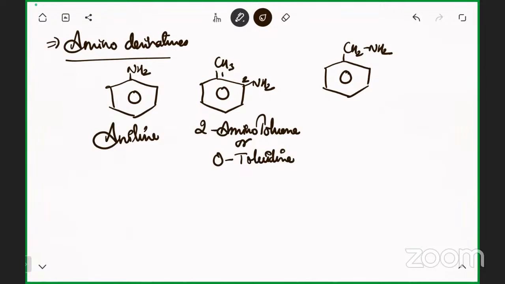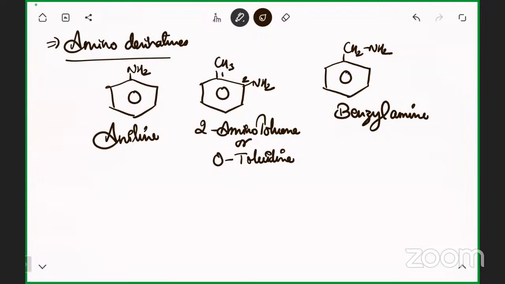Last one. Anyone who can tell? Benzyl, if you remember. This is the benzyl condition. Benzene with CH2 and amine at the last, we will write benzylamine. Clear? Yes, sir.